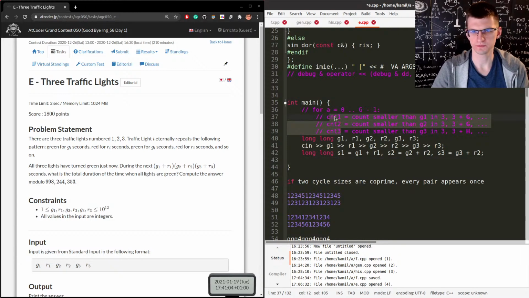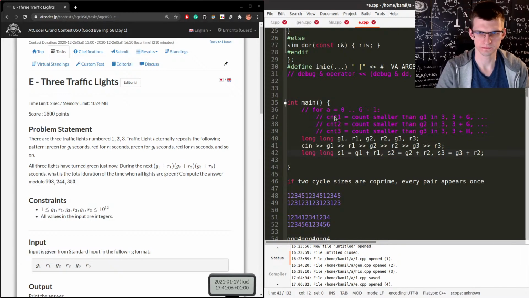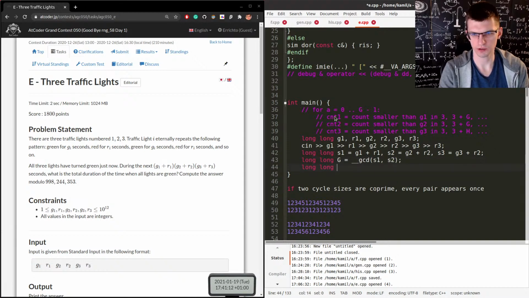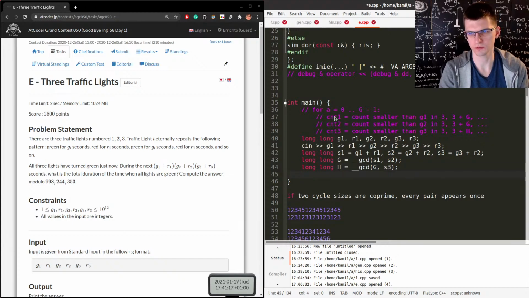And now this. S1, S2. Later we'll use H, GCD of G and S3, GCD of all.